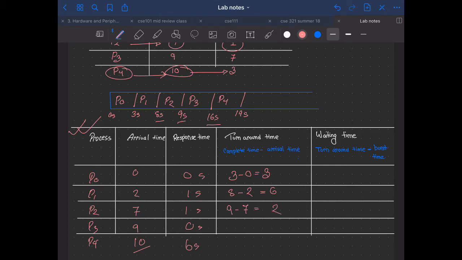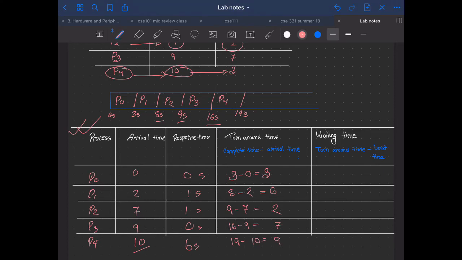For P3, the arrival time is 9 and the completion time is 16, so this would give us 7. And for P4, the completion time is 19 and the arrival time is 10, so this gives us 9.